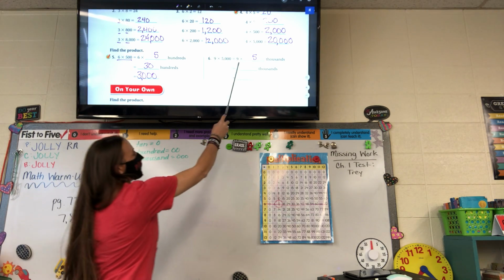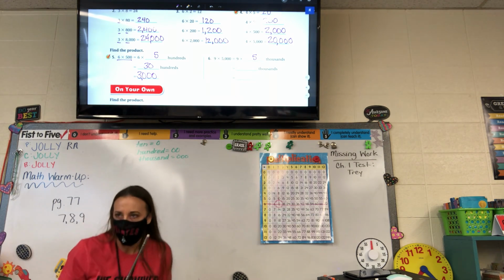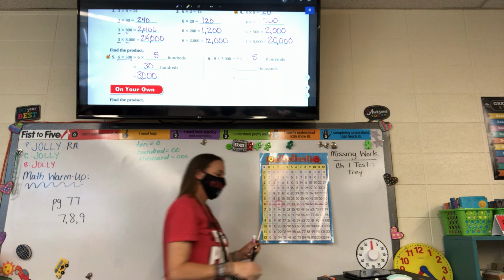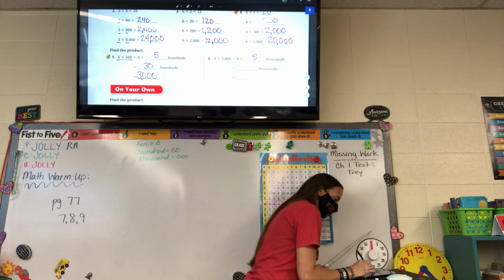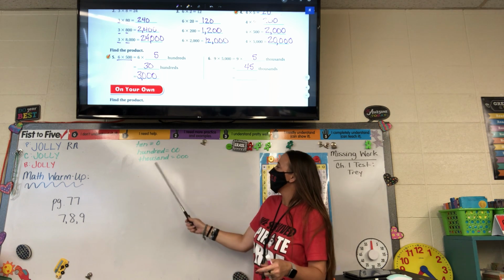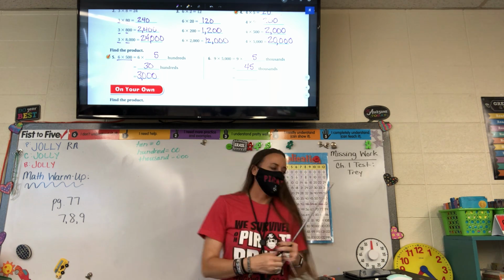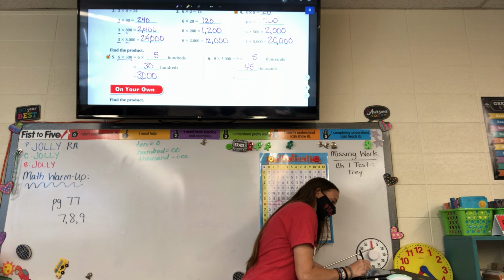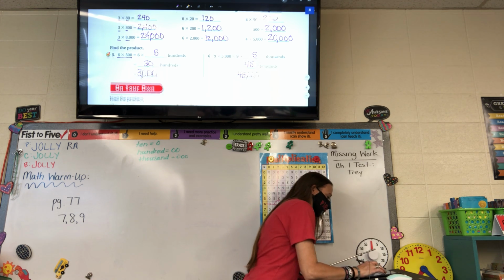Then what is 9 times 5,000? Shelby? 45,000. And how many zeros do we need for the word thousand? 3. So 45 with 3 zeros behind it is 45,000.